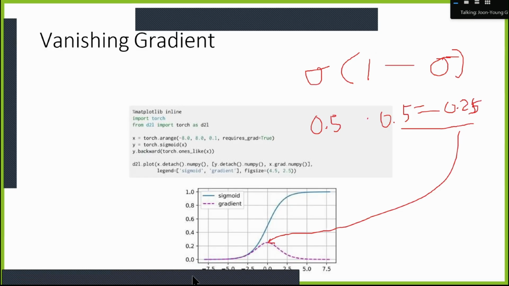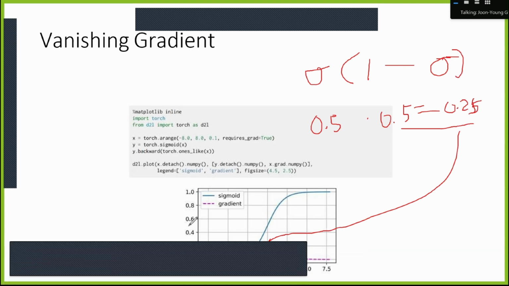In order to overcome the vanishing gradient problem, later activation functions such as ReLU, leaky ReLU, or ELU were introduced, which will eventually be covered, but not in this slide.